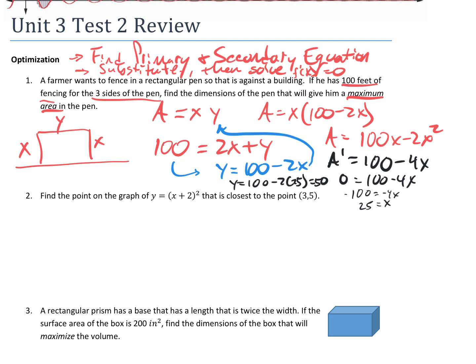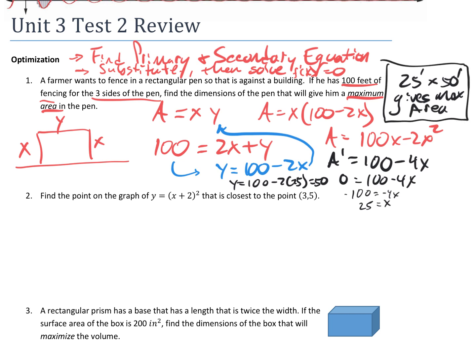So our final answer is 25 feet by 50 feet. That gives maximum area. Now double check, it didn't ask us for the area, I don't think. Let's see. Find the dimensions. Yep, it didn't ask for the area, so we got it. Great.